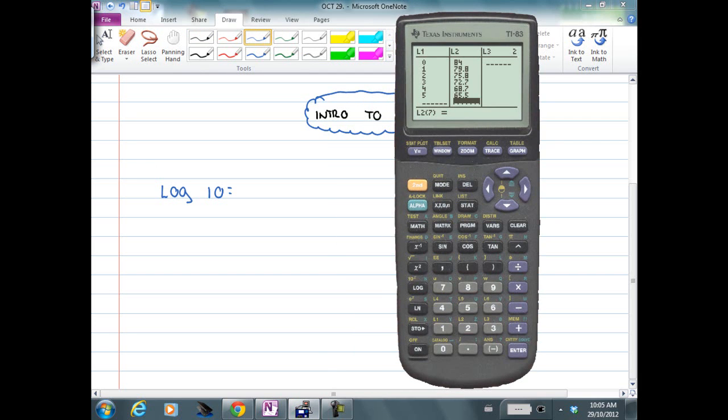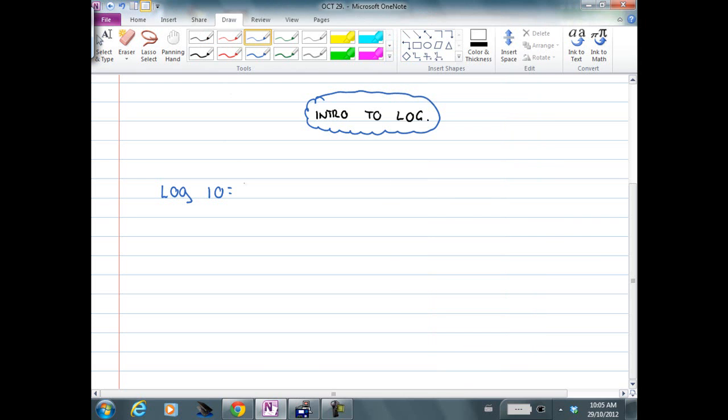It's right beside the 7, on the left of your 7. Hit log 10 and hit enter. See what you get? You get 1. So log of 10, according to my calculator, is 1.